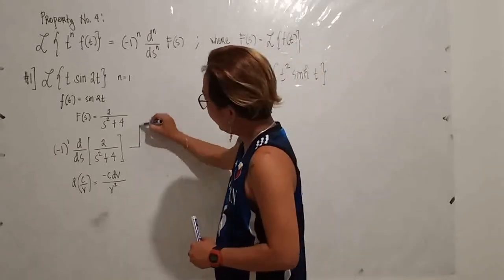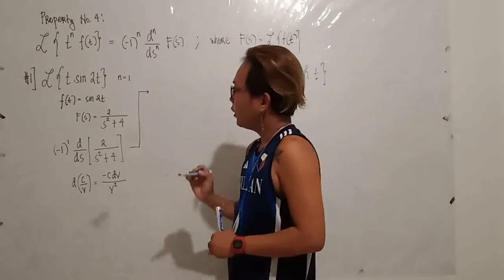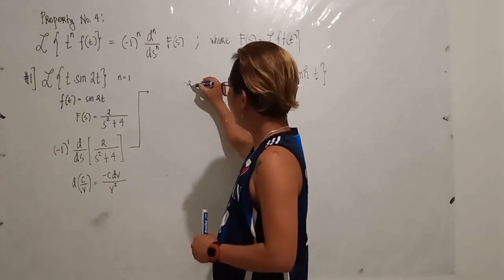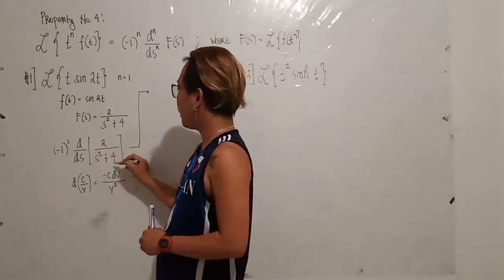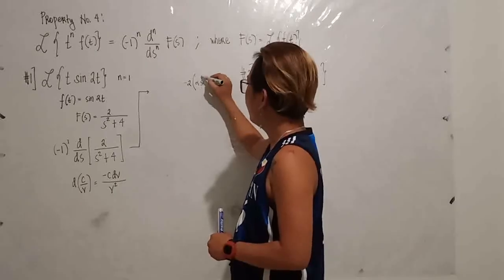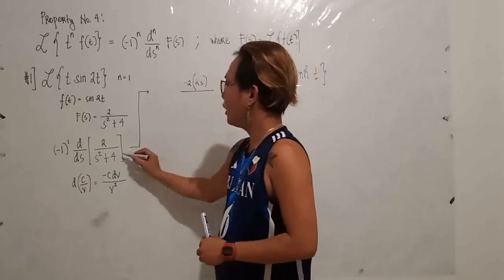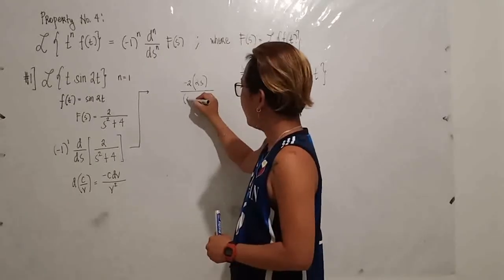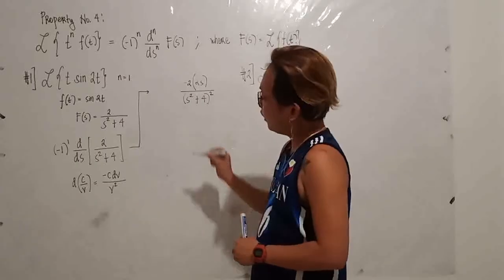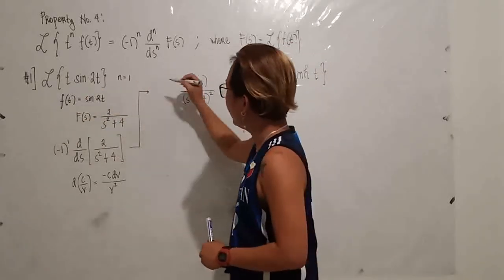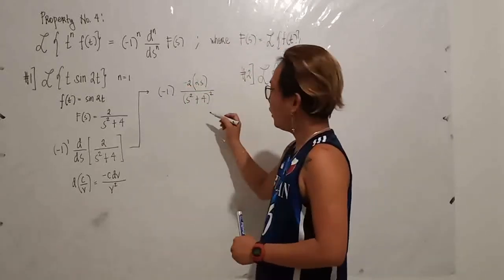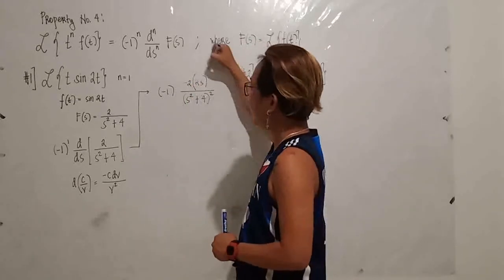So, getting the derivative of this, you will now have -2, then the derivative of s squared plus 4, which is 2s, over the square of s squared plus 4, that is s squared plus 4 squared. Then don't forget the -1 in front, you will have -1. So for your answer, you just have to simplify this.